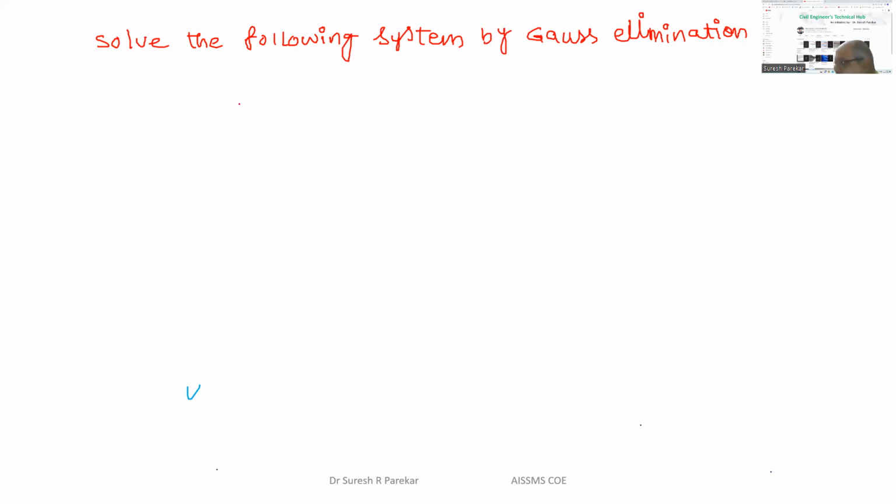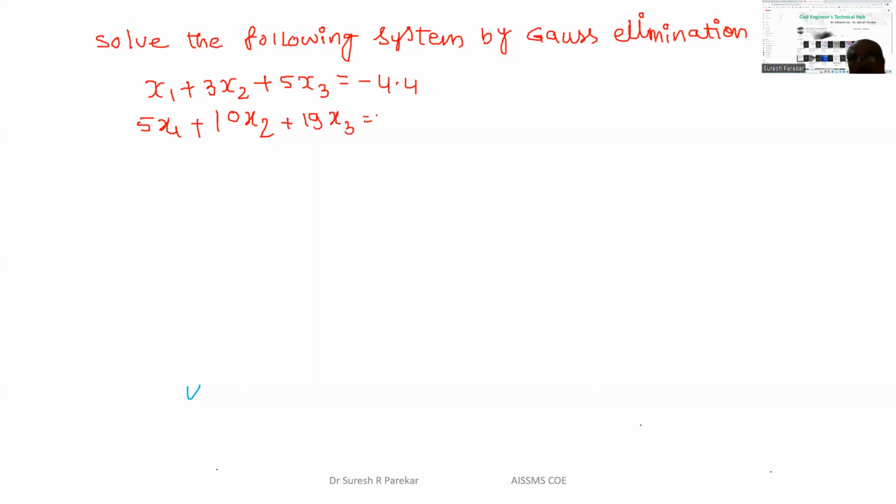Now we are given x1 plus 3x2 plus 5x3 equal to minus 4.4. Second, we have 5x1 plus 10x2 plus 19x3, which is equal to 6.7.